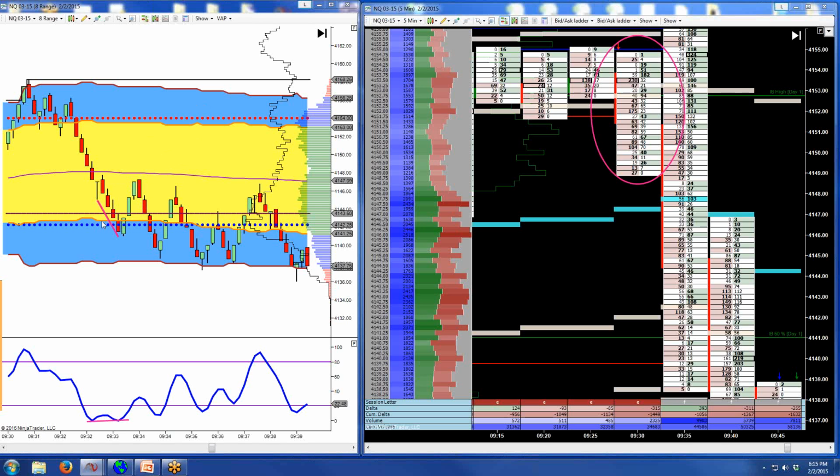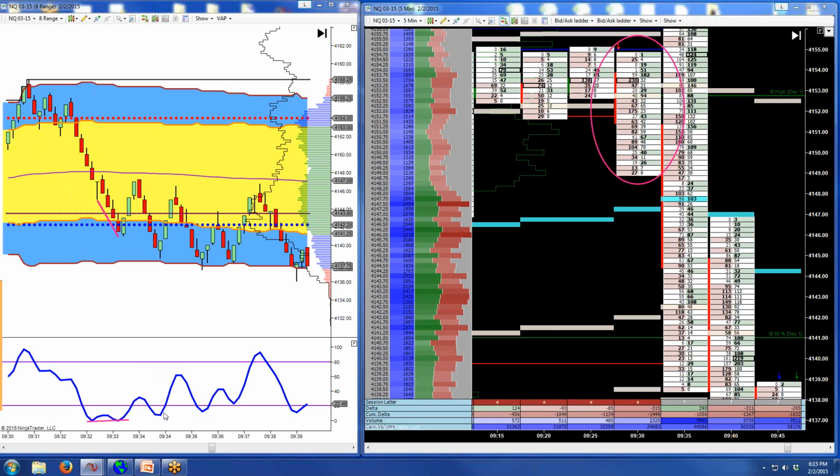And then here's the first low value area, second low value area, and these are previous high and low value areas from Friday. On the right side of the screen here I've got volume profile. Now you can put this on the left. All this is interchangeable, and we'll go over more of that during the webinar, but for now let's just get started with what I want to talk to you about.